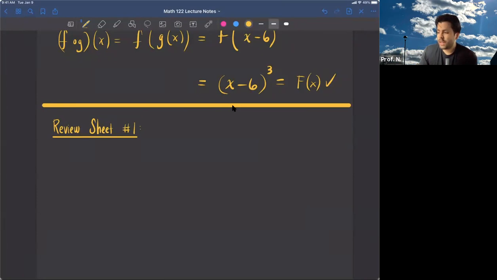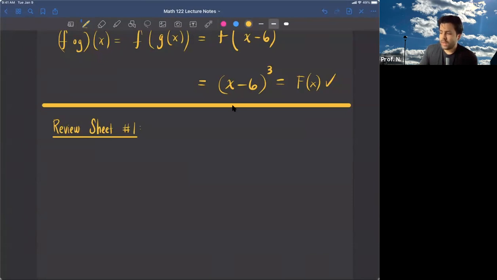Given a parent function and a sequence of transformations, you should be able to write the final transformed graph. You should be able to add, subtract, divide, and compose functions and find the domain of each. And then finally, the inverse functions: how to find the inverse function and how to evaluate inverse functions.